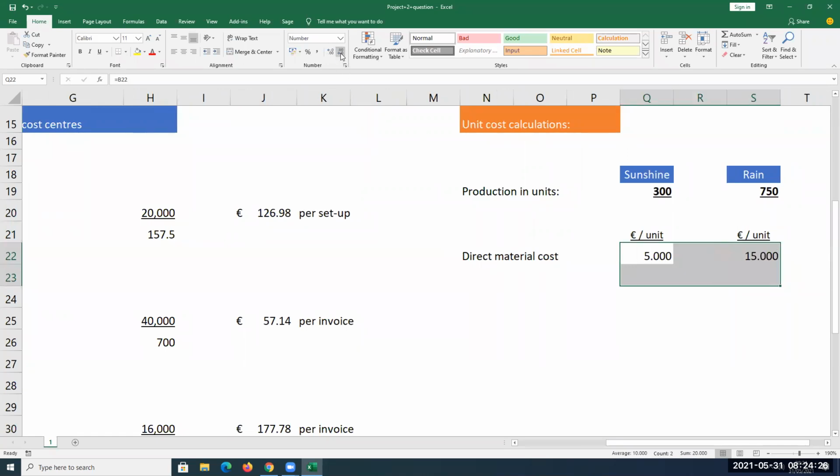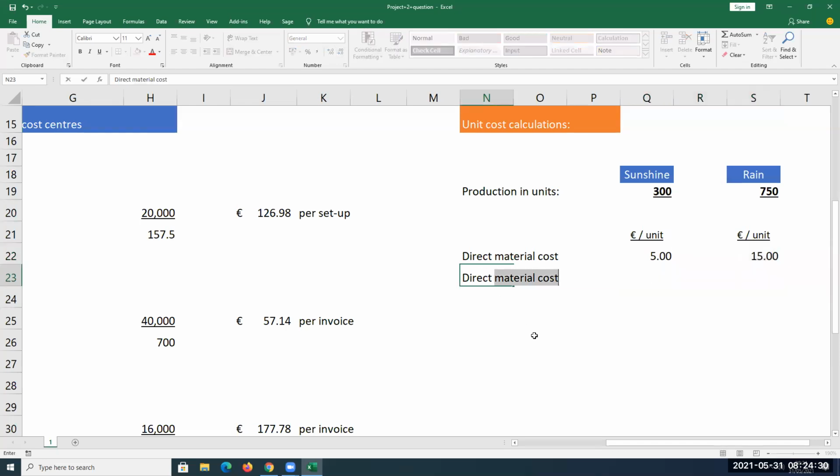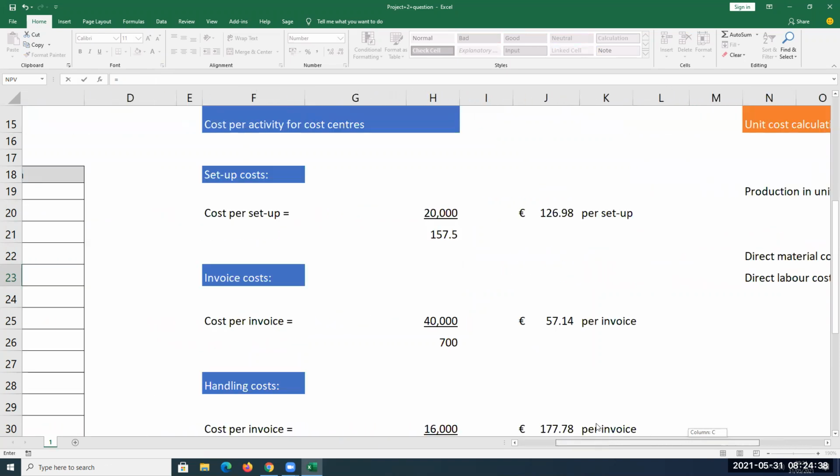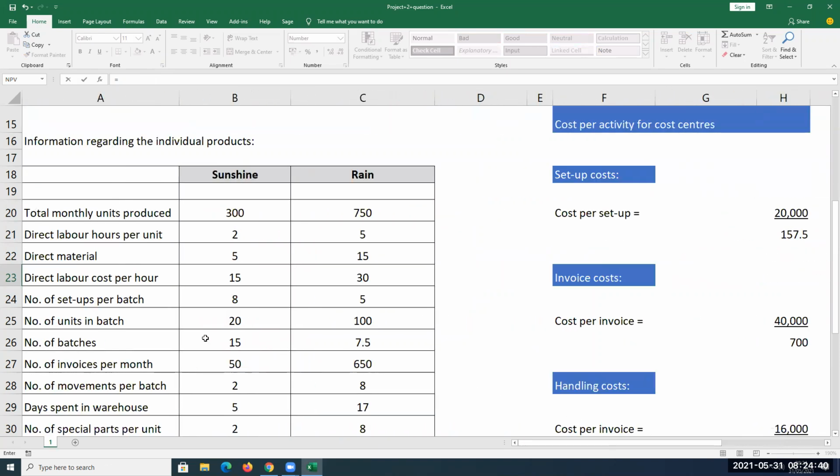Okay. Now, next is direct labor cost. Now, to make 1 unit of sunshine, according to this table, we need 2 labor hours to make 1 unit. Multiply by what is the direct labor cost per hour? €15. So we need 2 hours to make 1 unit.